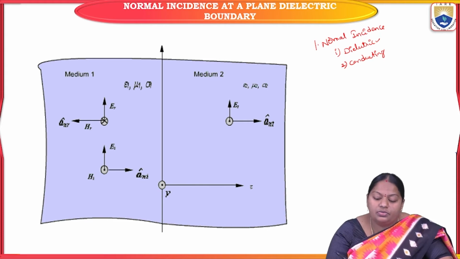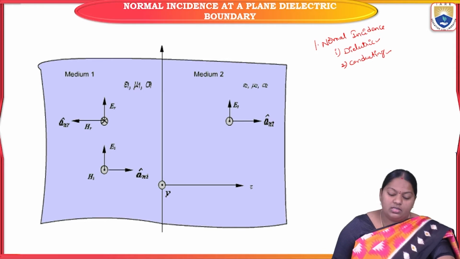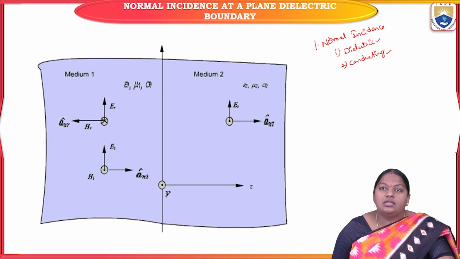Whereas in the case of a plane conducting boundary, one medium is assumed to be dielectric and the other conducting. Then how are the waves transmitted and how are they reflected back to the same medium?